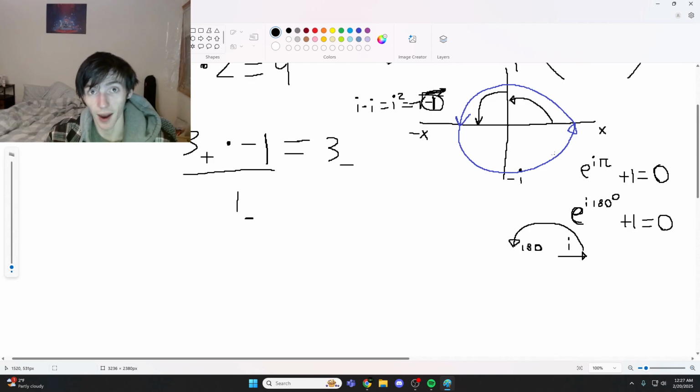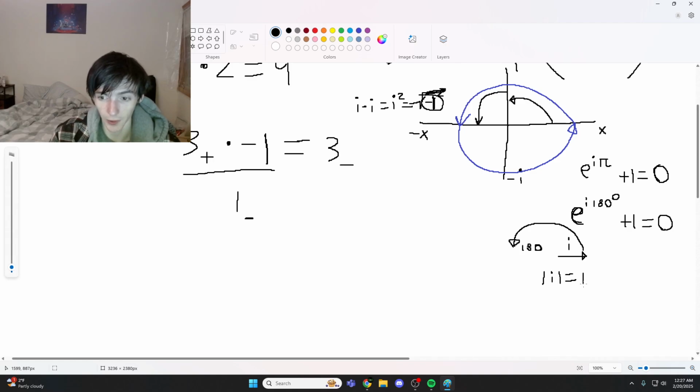Now, the length of I, the magnitude of I, is equal to 1, because magnitude is, well, this is a little bit complicated, but it's basically like x squared plus I squared.